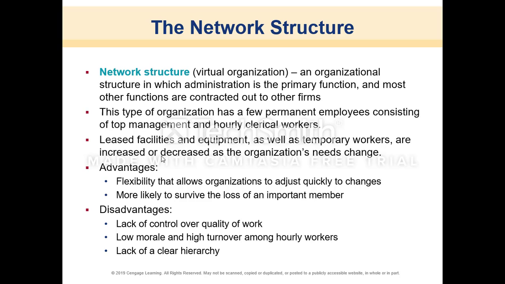And then lastly, we have the network structure, or the virtual organization, which, because of what's happening in the world today, is becoming a really popular structure. There is limited formal structure associated with a network organization. So it's new, evolving into something different all the time.